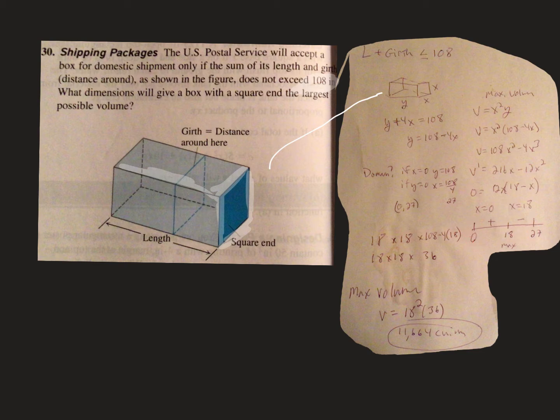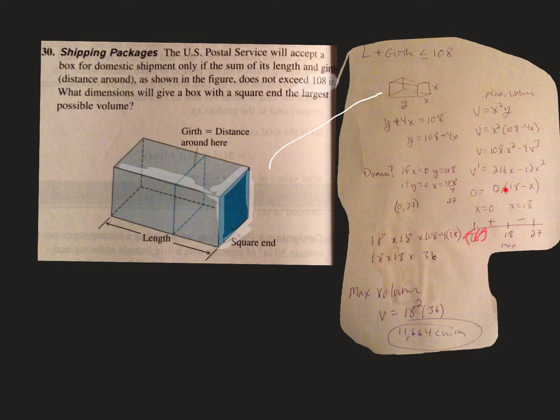Something I didn't write on my paper is this is actually f of x. I'm trying to work with f prime of x, which is what this number line represents. I'm trying to see when the function is increasing and when it is decreasing. So I marked 0 as one of the endpoints, 27 as the other endpoint, and 18 as the other critical value. Then I took a number between 0 and 18.